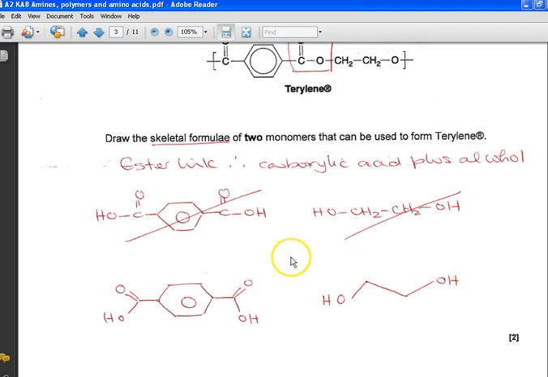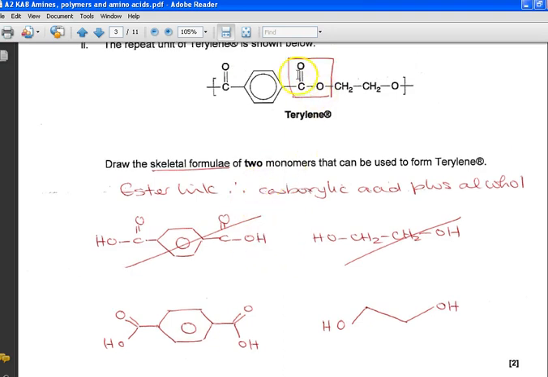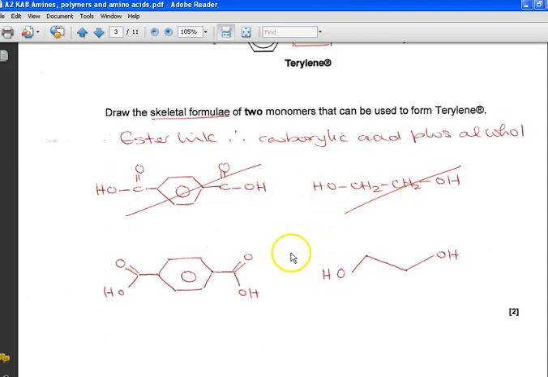Now, I don't know about you, but I'm not very good at visualizing skeletal formulas. So we know that an ester link has got to be a carboxylic acid and an alcohol. So I've just split this into the alcohol and the carboxylic acid, but I haven't drawn it as a skeletal formula. Well, this one is almost skeletal, but it's not quite.